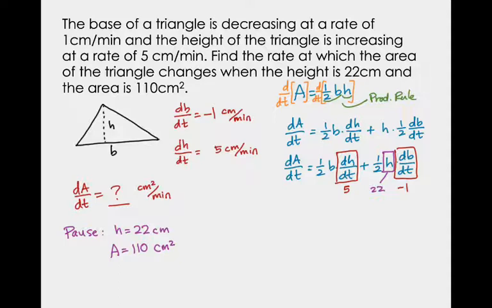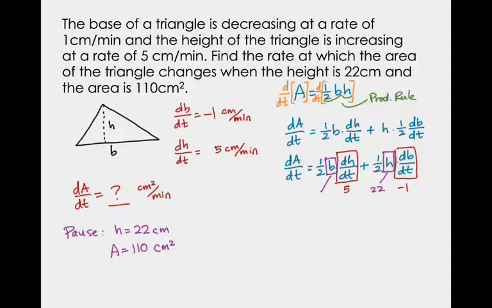Well, there is no A in my equation to plug into. I have dA/dt, but that's not the same as A. What I really wish is that they had told me what the base of the triangle is when I hit the pause button. But they were kind of being a pain, and instead they gave me the area. So I'm going to have to figure out what b is.